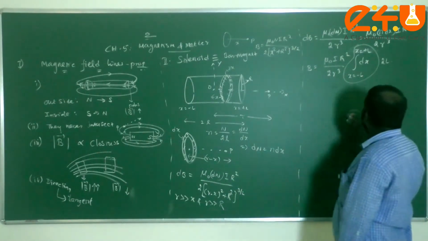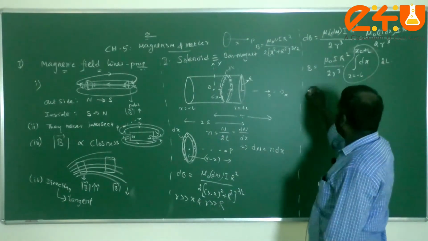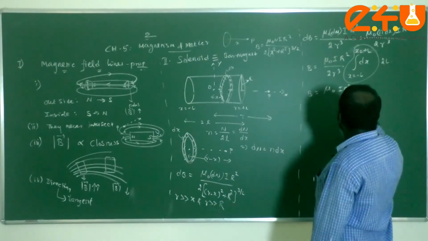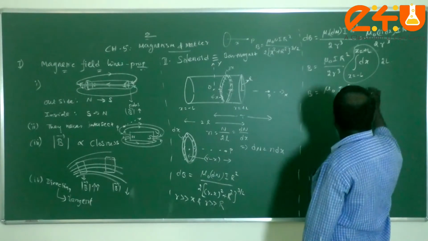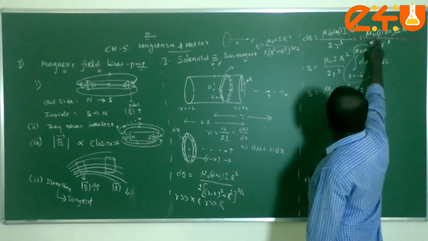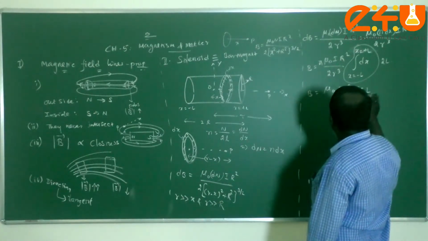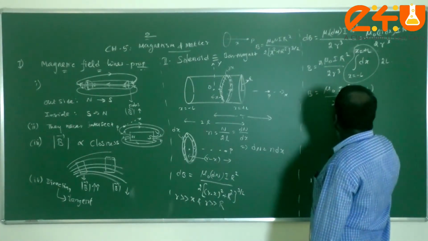So therefore I can write the expression as B is equal to mu naught I R square into 2L, with small n there, so small n into 2L divided by 2 r cube.